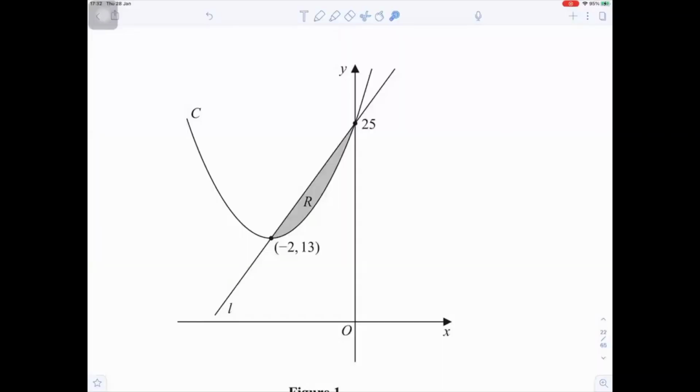So when we want to define the shaded area, we want the part which is above the curve, and we want the part which is below the line. Remember that it is above the curve and it is below the line.